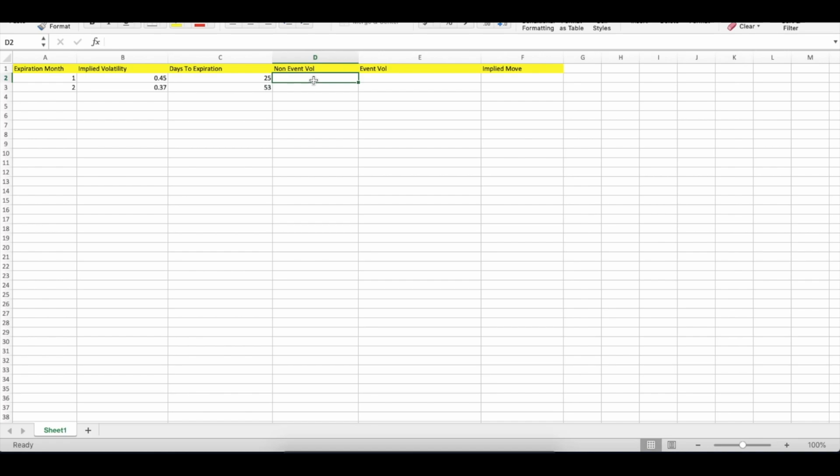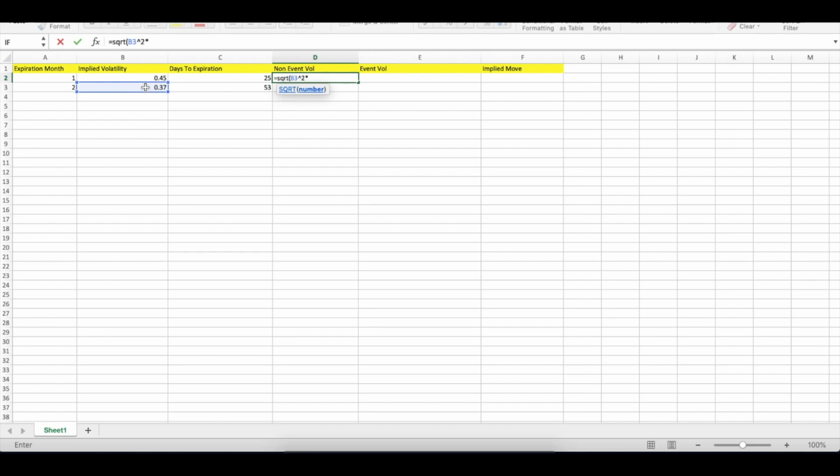So now we have to calculate the non-event volatility. The formula for this is going to be the square root of month 2, which is the back month, to the power of 2. And keep in mind, guys, that the implied volatility is in percentage here, so it's 0.37 instead of 37.